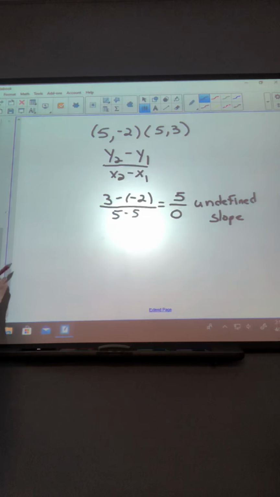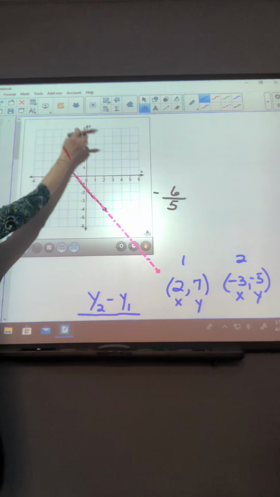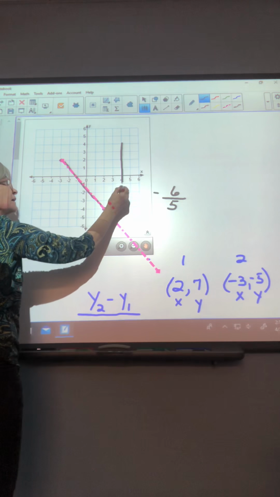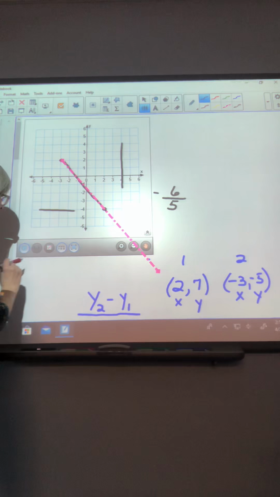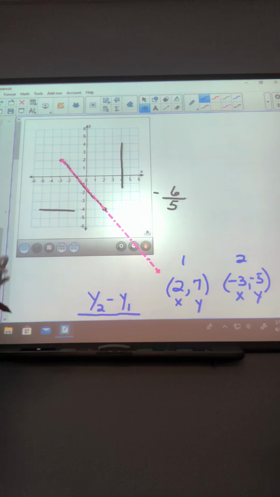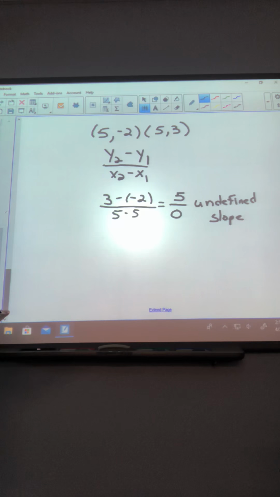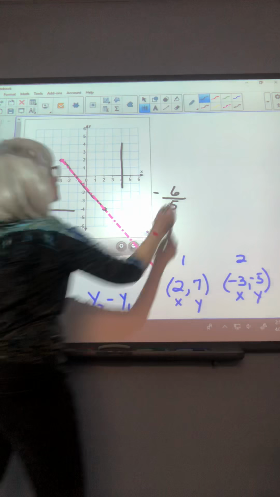And remember, if we were graphing this, an undefined slope would just be like a straight line that way, and a 0 slope would look like this. So for the 2 points that we had, for the undefined slope, we had 5, -2, and 5, 3.